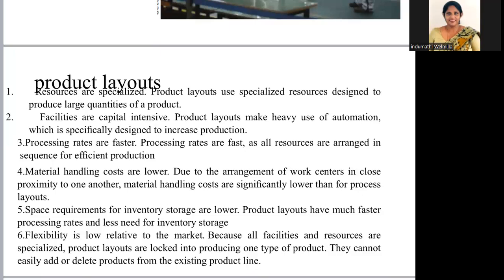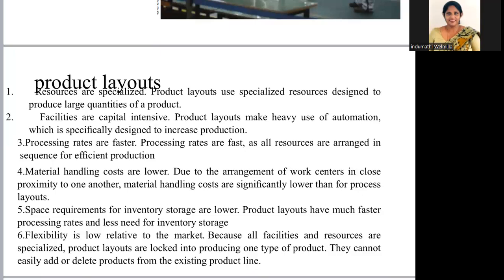Another one is flexibility, which is low relative to the market, because all facilities and resources are specialized. Product layouts are locked into producing one type of product. They cannot easily add to or delete products from the existing product line. So flexibility is very low.